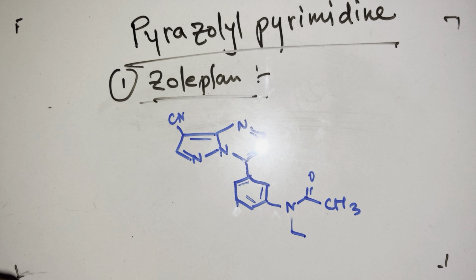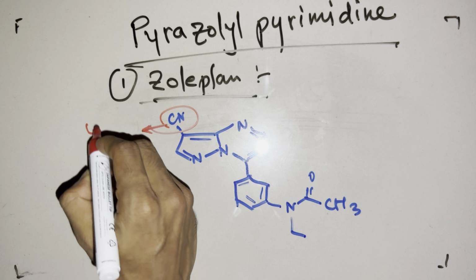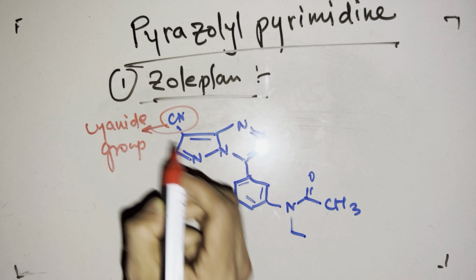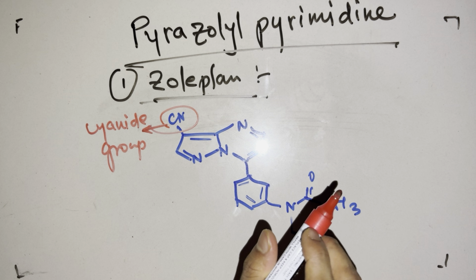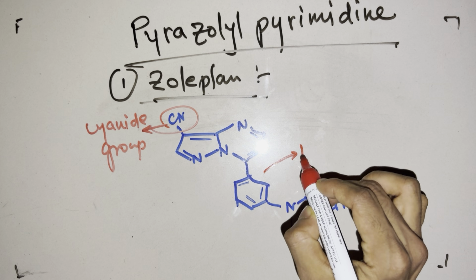Now we will see the different groups present. What are they? First one is cyanide group. This is very important. Cyanide group present in the structure of zolpidem. This is important for the GPAT purpose. This is phenyl ring.